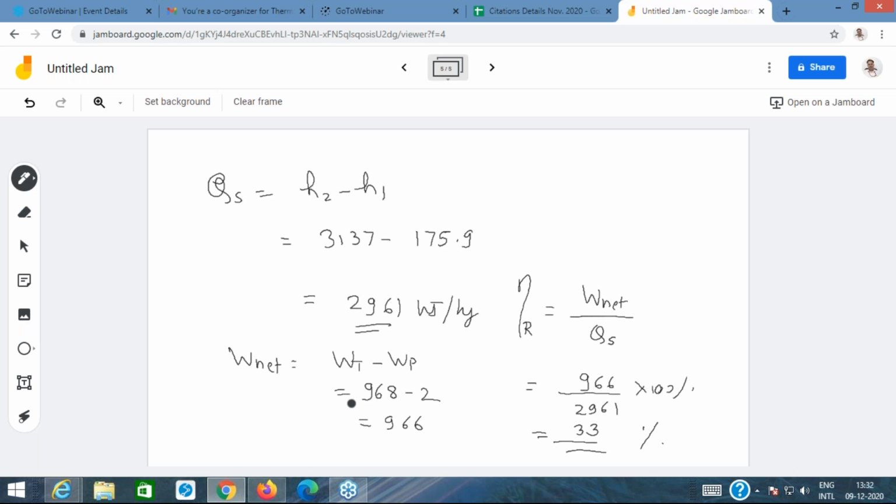All of you are getting it as 33? How many of you have not followed this problem? Ganesh is getting 33.